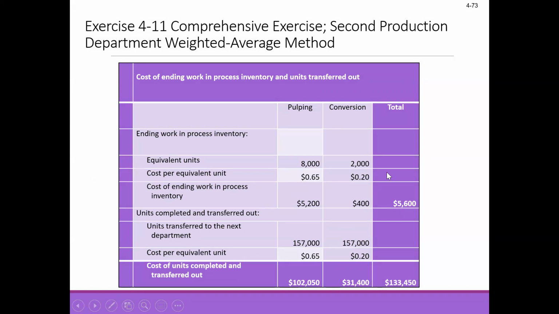We know our cost per equivalent unit, so we can get our cost of ending work in process, 5,600. The units that got transferred out, 157,000 units, would be the $133,450. So this is sitting in ending work in process. This is the cost of what was transferred out.